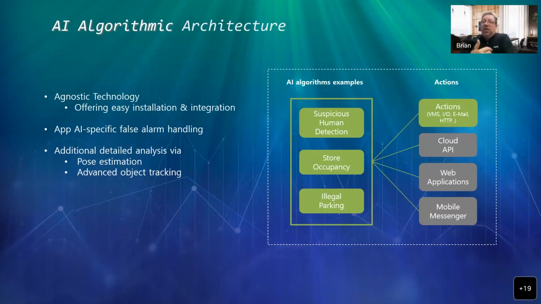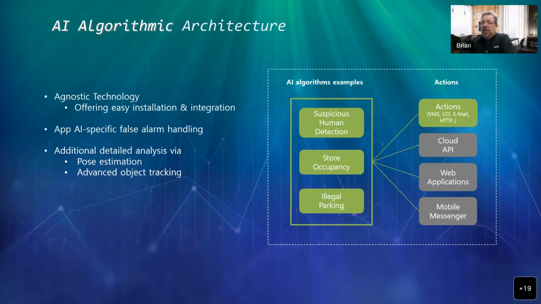There's also the AI specific handling of alarms. So basically being able to reduce false alarms because the AI acts as that additional filter to determine and confirm that the object that is initiating the event is the object of interest and not one of non-interest. Additional detailed analysis is also brought to the table by AI.